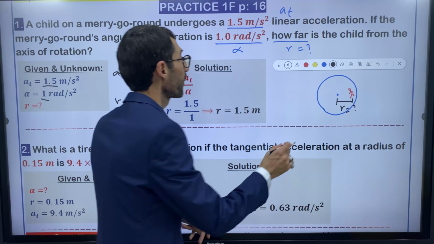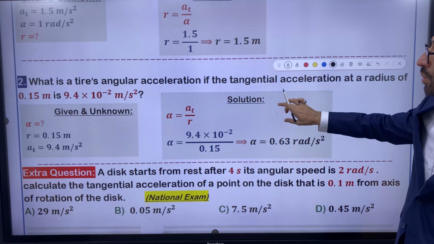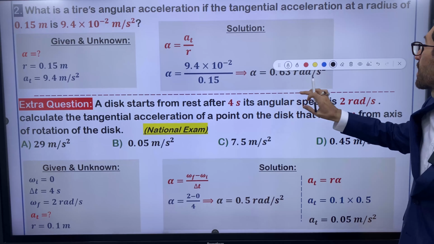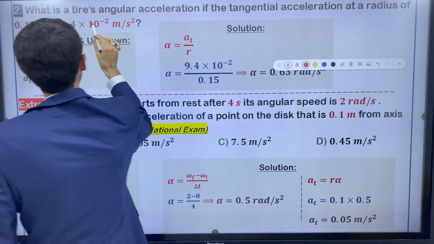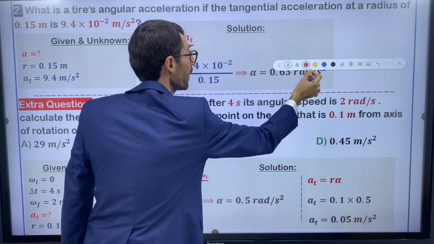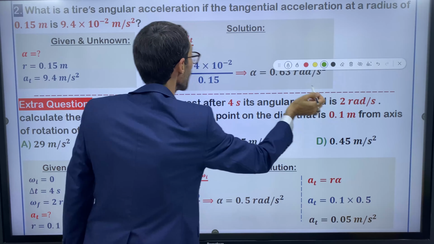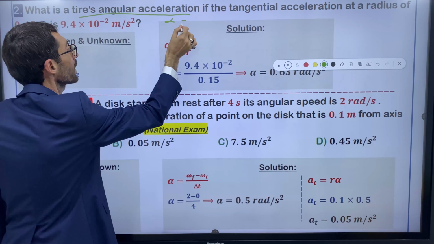Question number 2. Let me pull it up for better vision. Let me read it for you. What's the tire's angular acceleration? So we look for alpha.